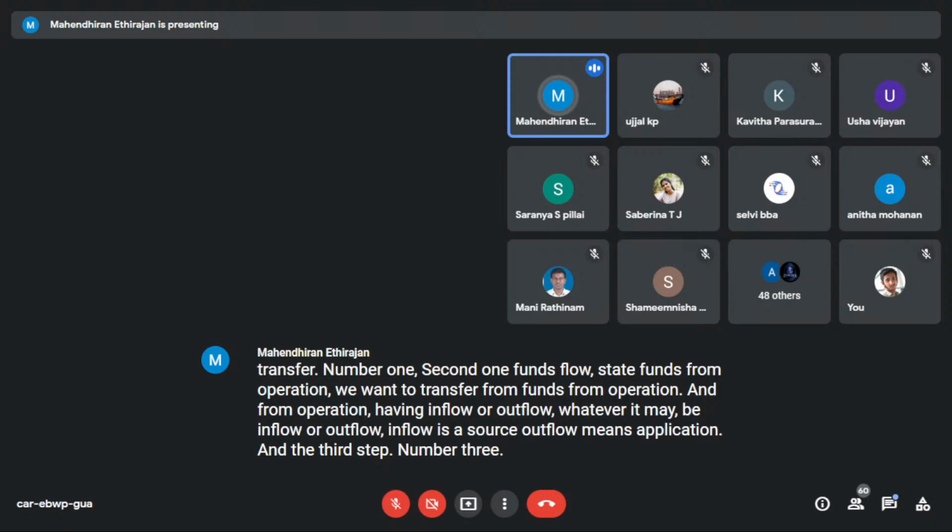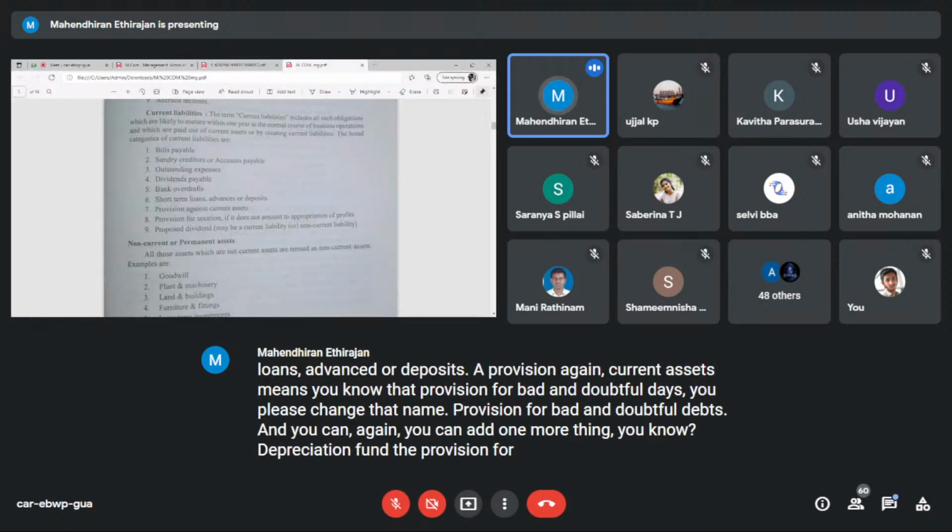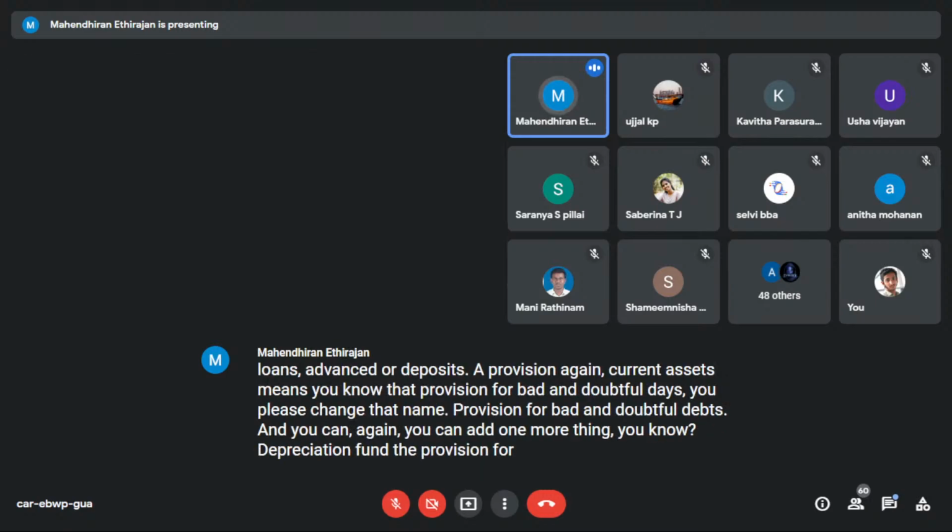Provision for bad and doubtful debts, please change that name. You can add one more thing, provision for depreciation fund. Provision for bad and doubtful debts will be shown on the asset side. Sometimes it will appear on the liability side, when we want to recover some amount, so it is treated as a current liability.